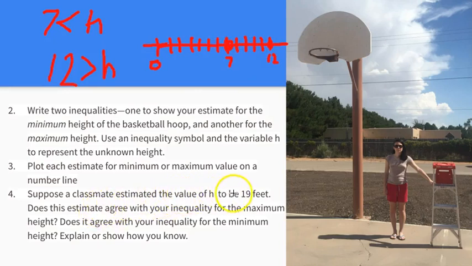If somebody estimated the height to be 19 feet, would that work as a possible maximum height? Some of you may have put that as a maximum height, but that would be like thinking at least 3 of this person, even if this person was, let's say, 4 foot tall, which is relatively pretty short.